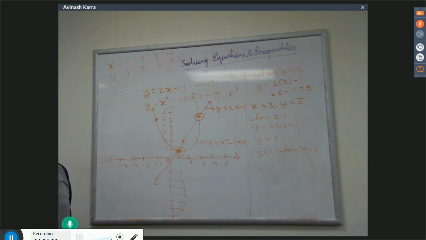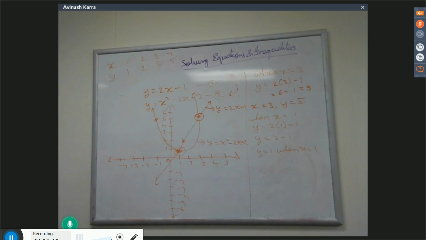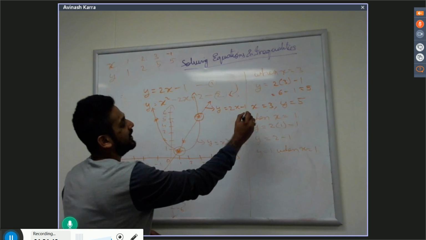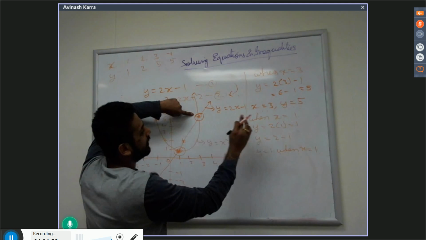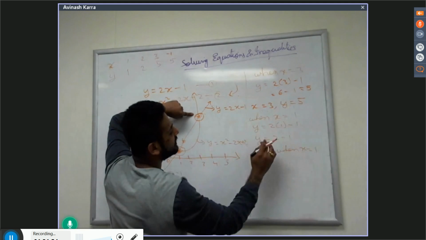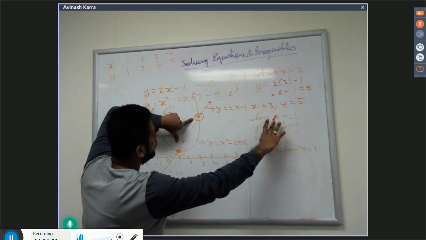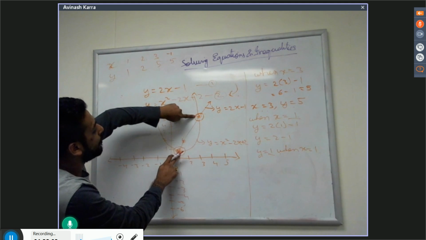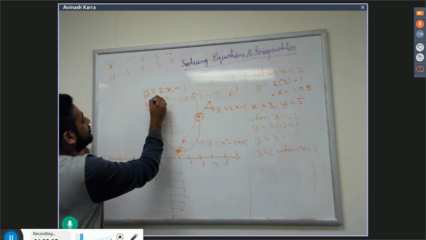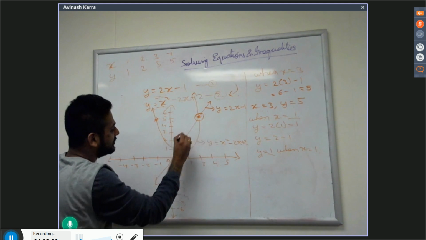Yes. If anyone has a doubt, see, when x equal to 3, y equal to 5, at 3, 5, and when x equal to 1 and y equal to 1, these are the points where they intersect. It means these are the points where it satisfies both the equations. That is the reason they intersect at that point.